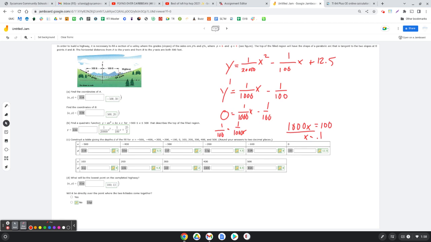Okay, got it. This was off by 1. 10,000 over 100? I think the cross multiplying. 10,000 x equals 100. No? What did I screw up here?